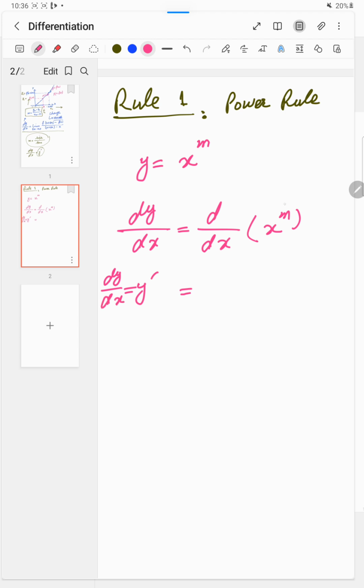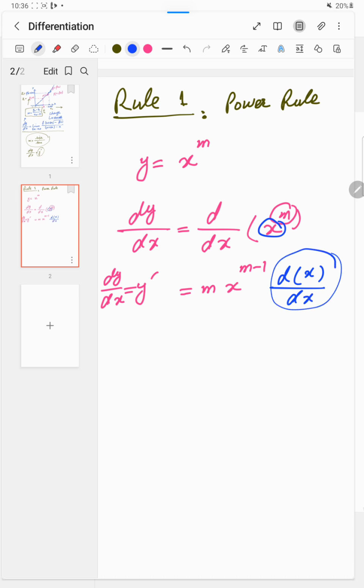So the power rule is that the power m will appear here, then minus 1, m minus 1, and then we have to take the derivative of the base. In this case the base is x, so we take the derivative of x with respect to x.